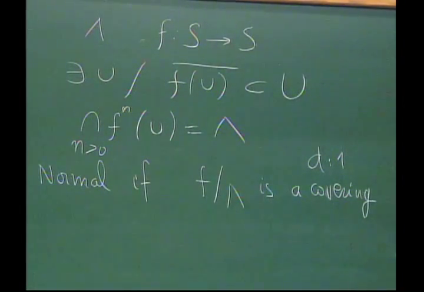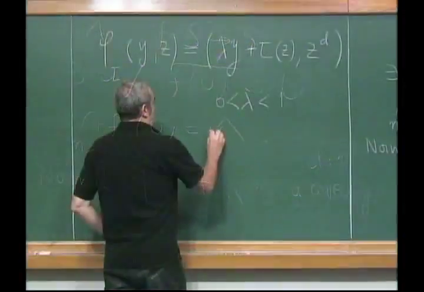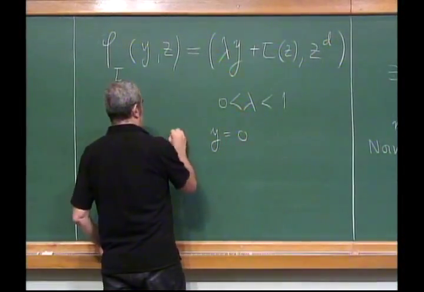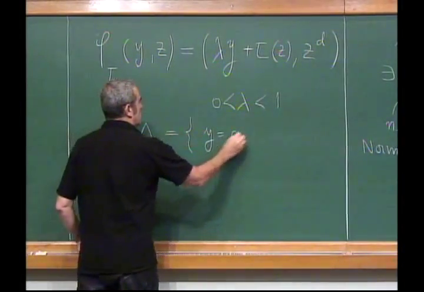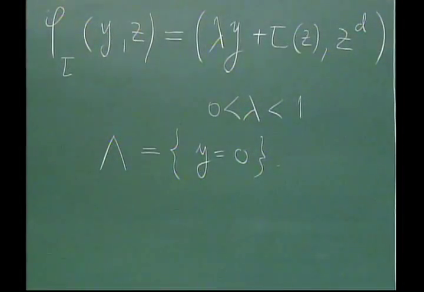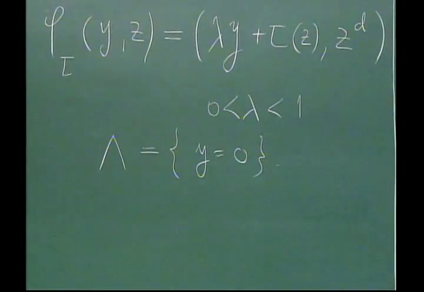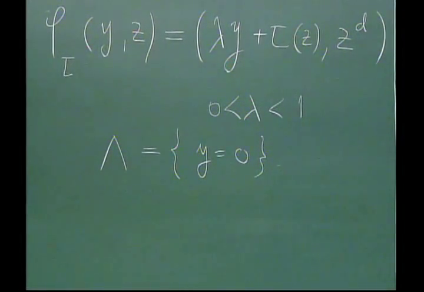In this case, we say the attractor is normal. For this example, when tau is equal to 0, y equal to 0 is a normal attractor, because the restriction to it is just z to the power of d.